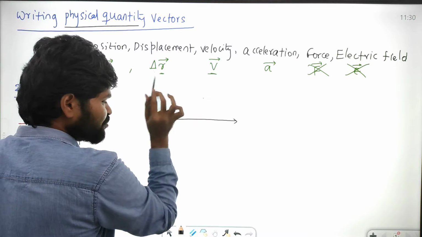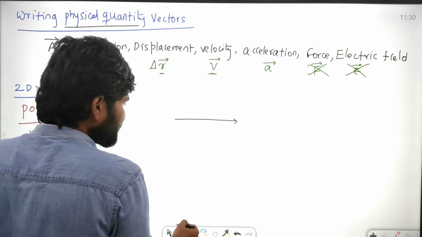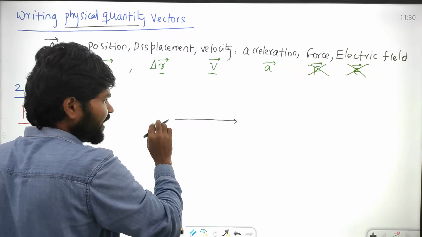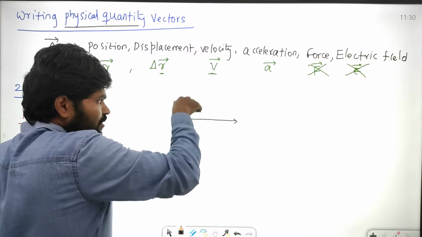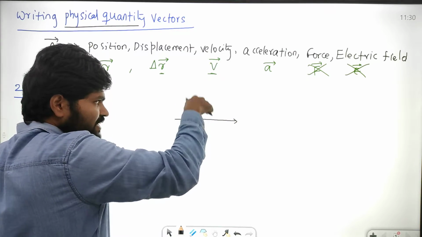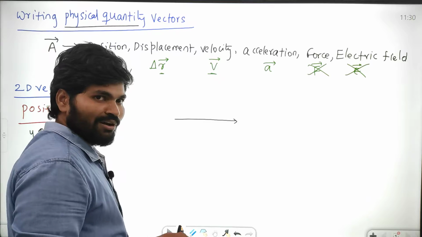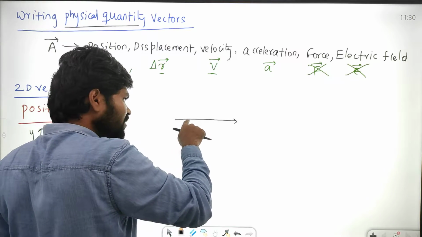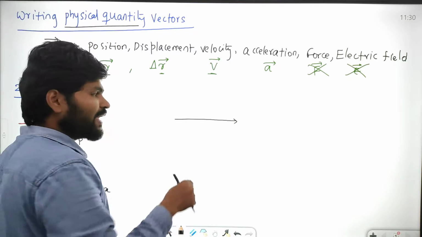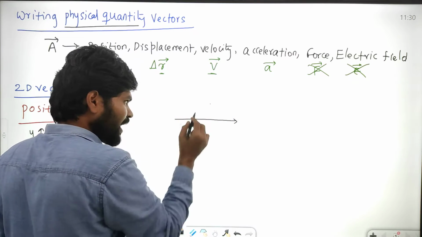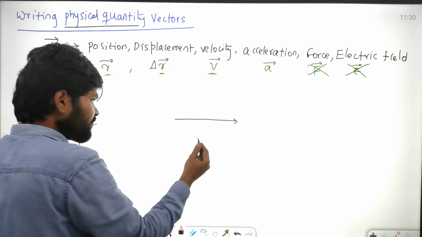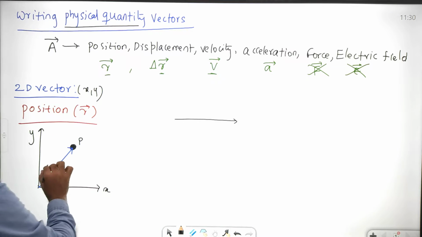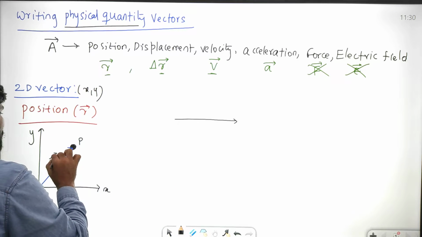But I am representing this point in the form of a vector, so that point changes its physical appearance like an arrow mark. You may think, sir, is this whole thing the position? No, position is only one point, but I represent this position like this. This is the position vector, and this is some r.